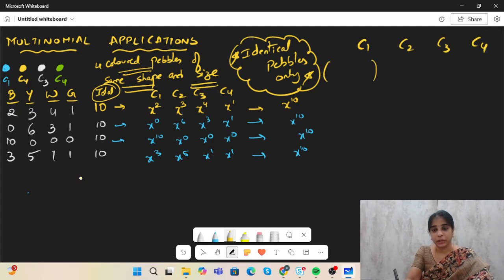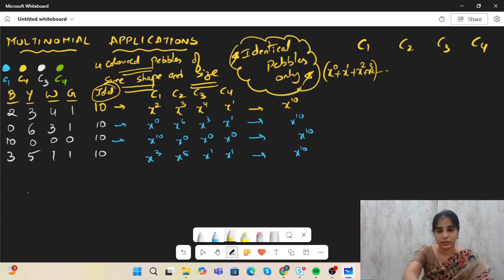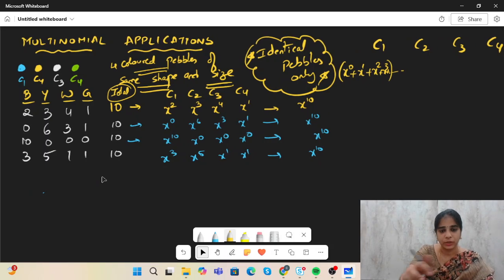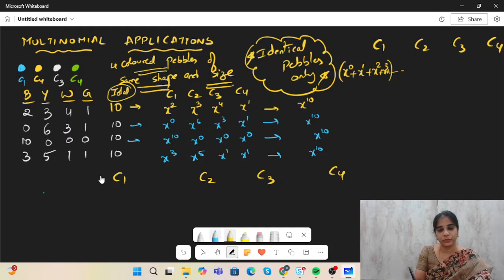In general, I am writing it can be 0 pebbles from the first color, or 1 pebble from the first color, or 2 pebbles or 3 pebbles, and so on it continues there, isn't it? Or let me write it here below so that it will be more clear for you. This is color 1, color 2, color 3 and color 4, right?